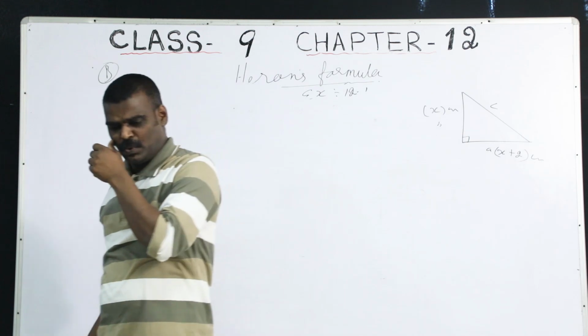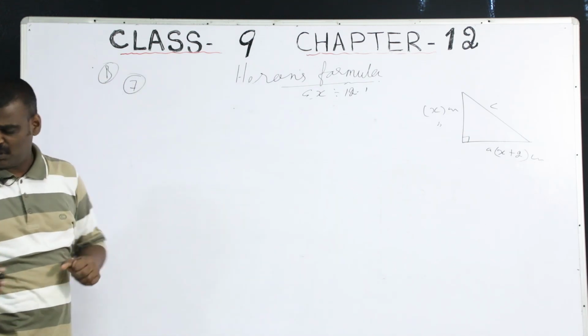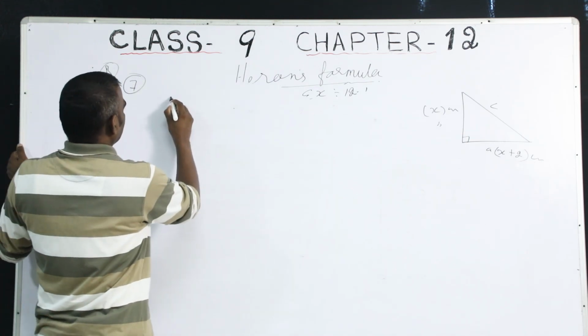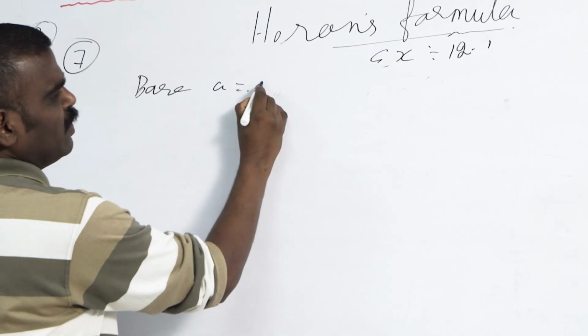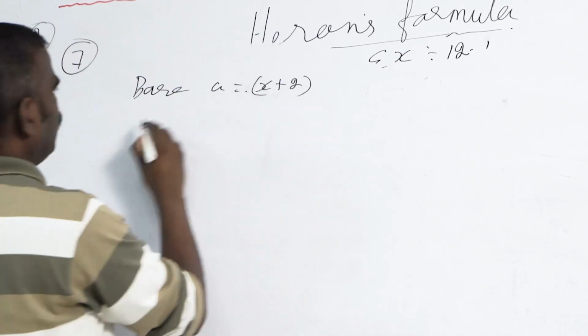Then C we do not know. Now, base A equal to x plus 2.